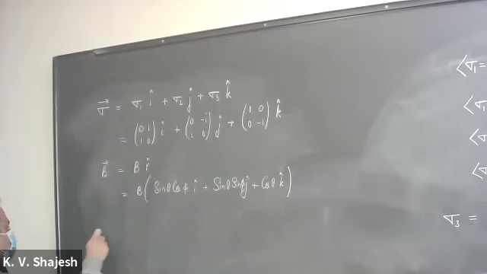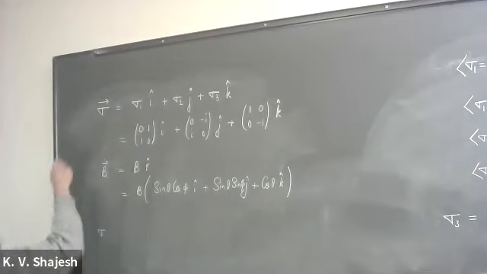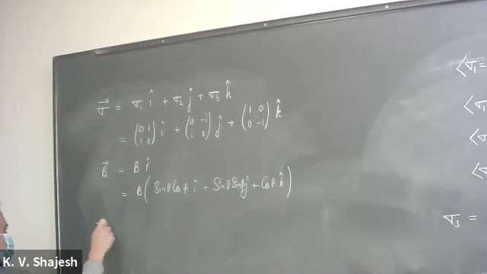Let's construct this matrix. That's a vector, that's another vector, but this vector is constructed out of matrices. So let's see what is the dot product of these two vectors.